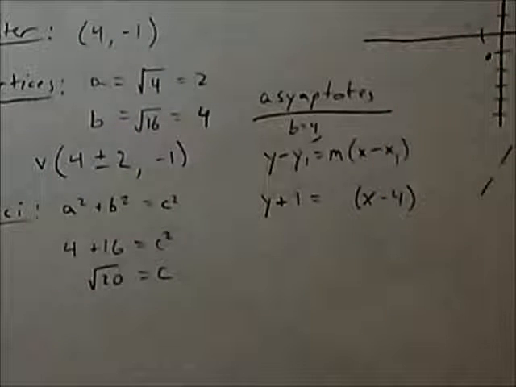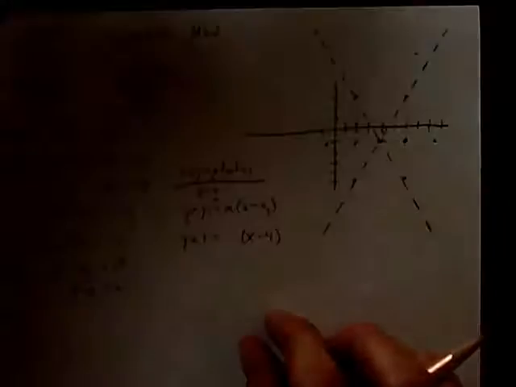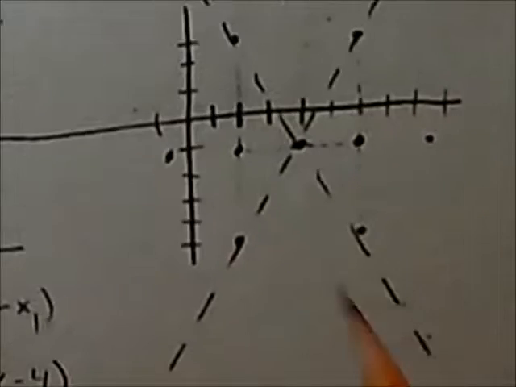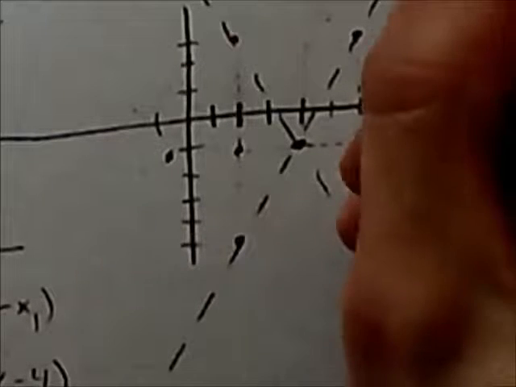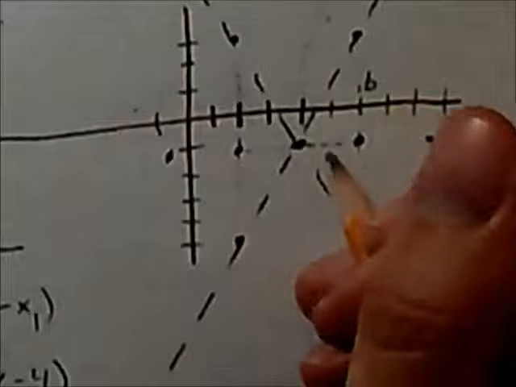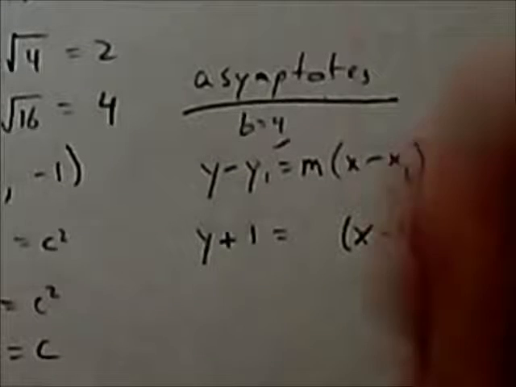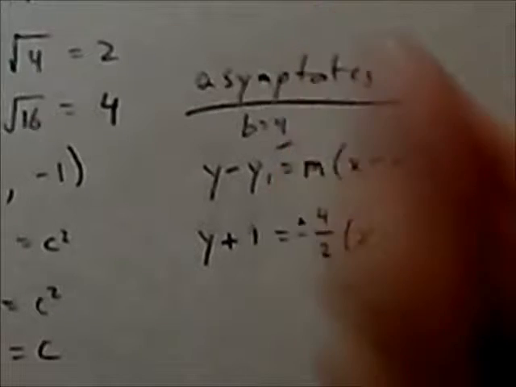Now, our slope is going to come from the a and the b. Let me zoom in there. So remember, the slope is the rise over the run. So here's my rise. In this case, the rise happens to be b, and the run is a. b is 4, a is 2. So my slope is 4 over 2, or plus or minus 2.